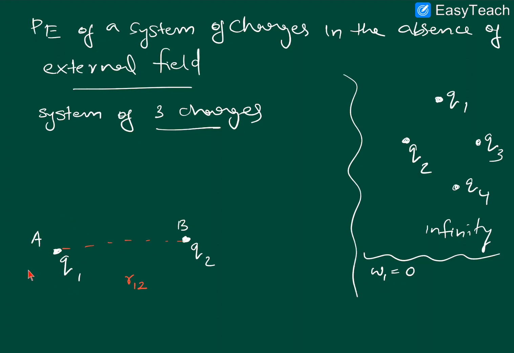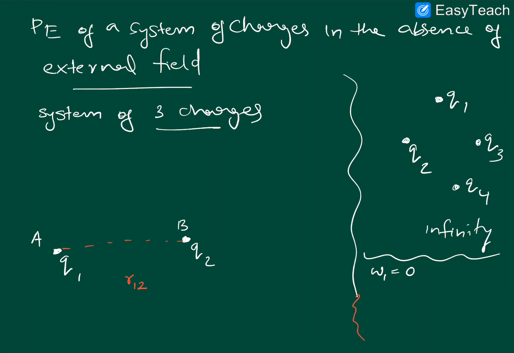So q1 is already here, you are moving q2 from here to here, but q1 will repel your q2. So it is not easy to move q2 from here to here. You need to overcome this repulsive force. That means you need to do some work in this process. Work done is not 0.